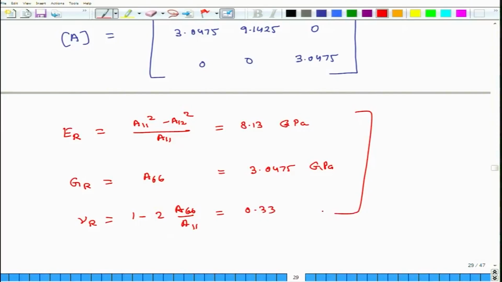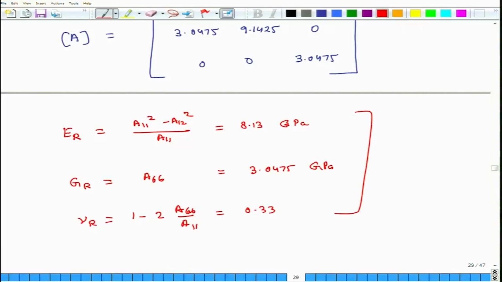So, these are the material properties of this randomly oriented mat, and I can make it a little more accurate if I have more layers in the system. The more layers I have, the more accurate these estimates of ER, GR and nu R become.